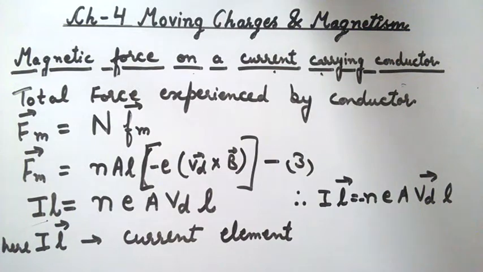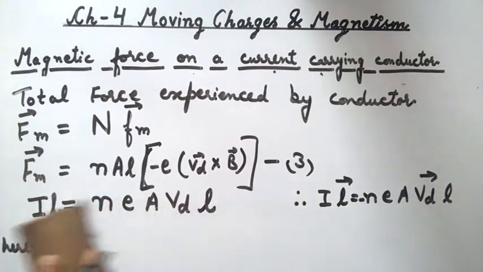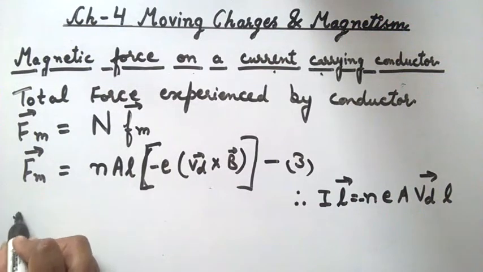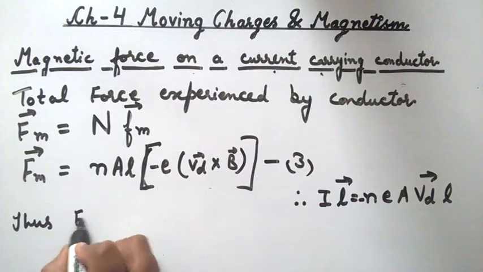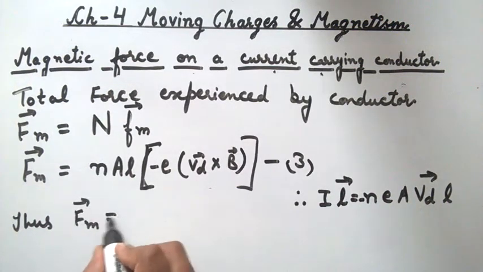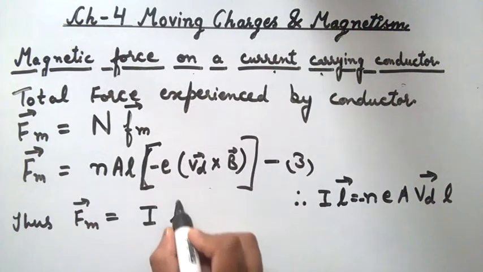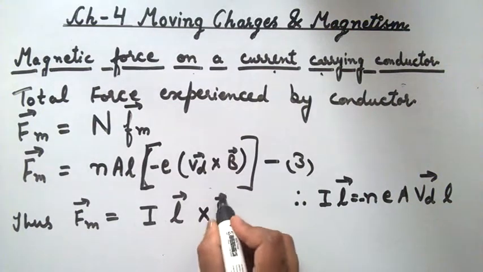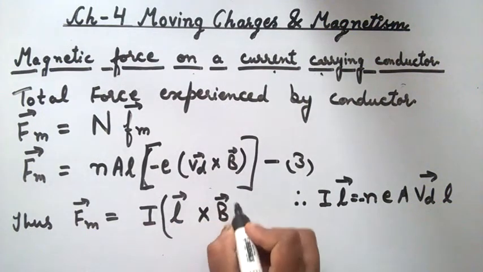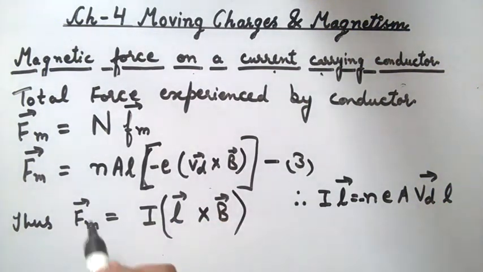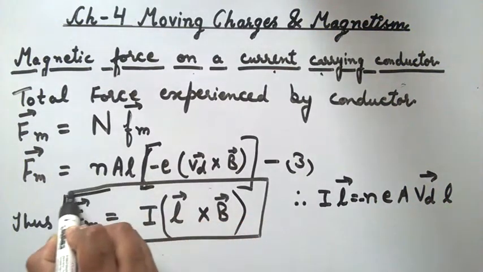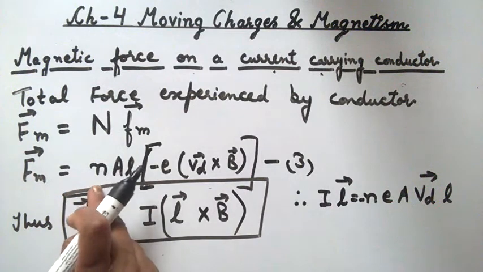Thus, the magnetic force will become I current element cross B vector. This is the magnetic force experienced by a current carrying conductor in a uniform magnetic field.